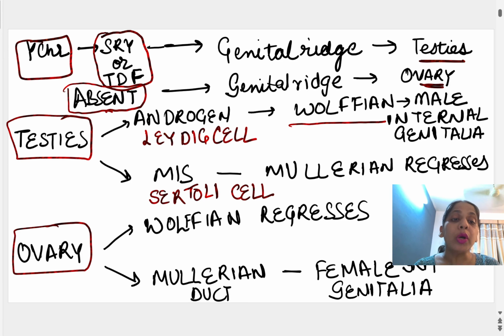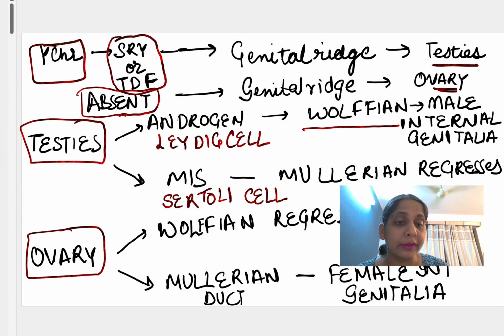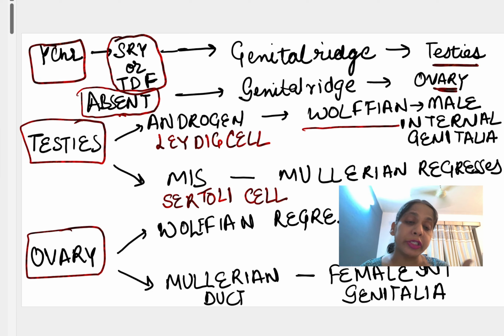If the Y chromosome is present, then the genital ridge will change into testes. Otherwise, by default, which means automatically, in the absence of the Y chromosome, the genital ridge will form the ovary.